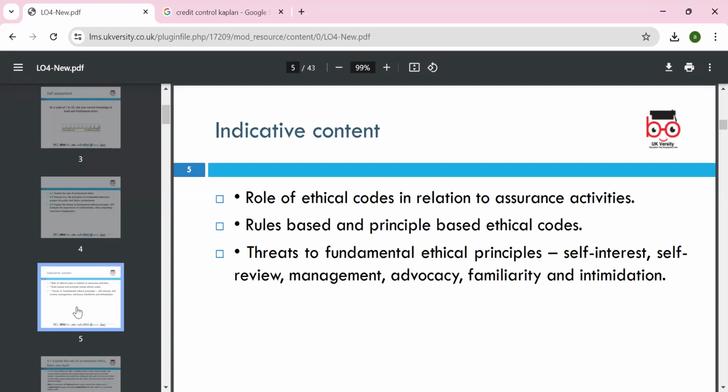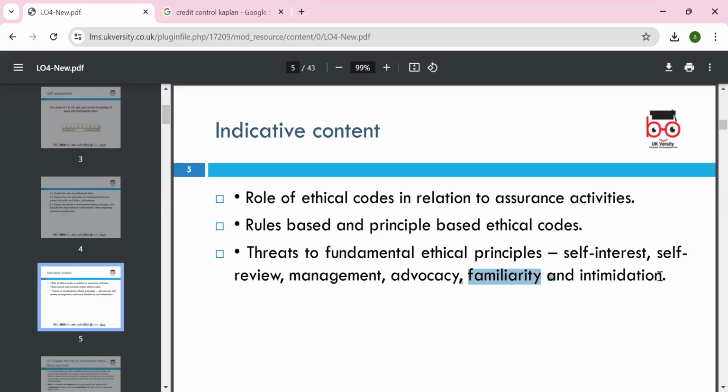Advocacy: if you have 2 clients and they come to you, or you want to impose your own opinion on someone, that compromises your objectivity. It is not professional behavior. Familiarity: if you have a close family relationship and you know each other, you may compromise objectivity.